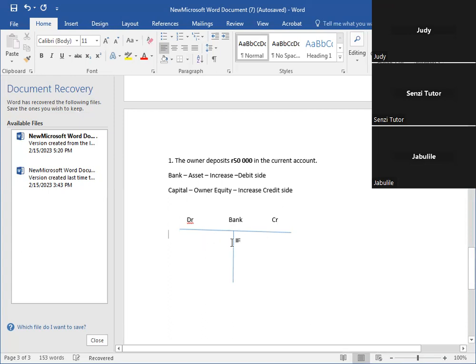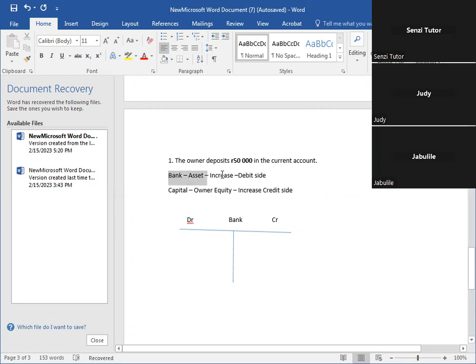This is a T account, guys, because this idea of increasing and decreasing gives us the information we need to see whether a bank is increasing on the debit side or on the credit side.